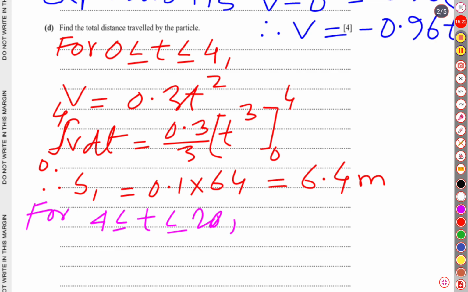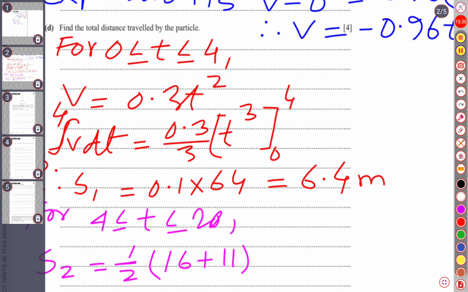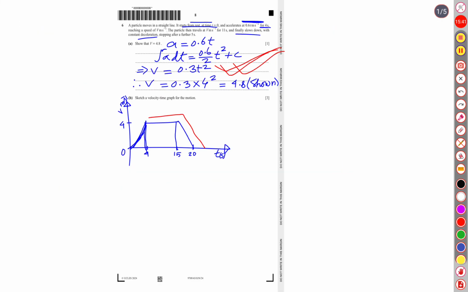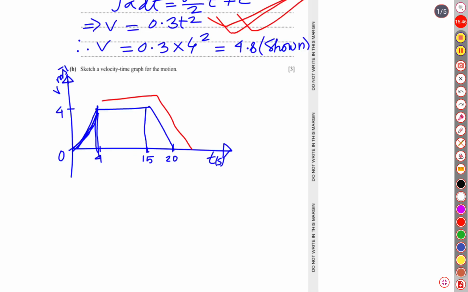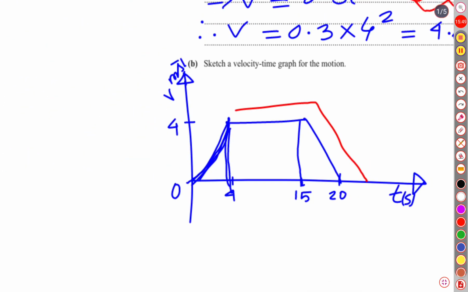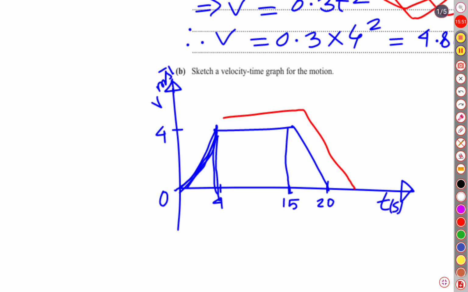The displacement S2 is the area of the trapezium, half of the sum of the parallel lines, 16 plus 11, and the vertical height is v, which was 4.8. So height is 4.8.